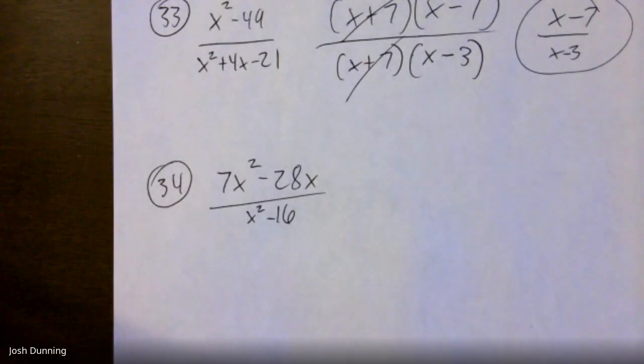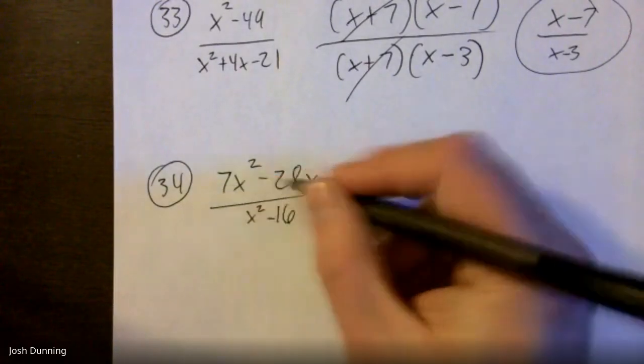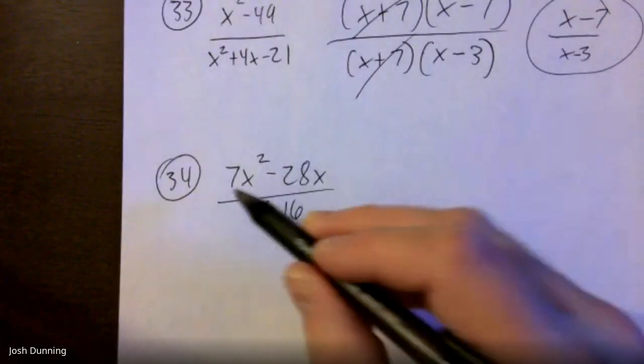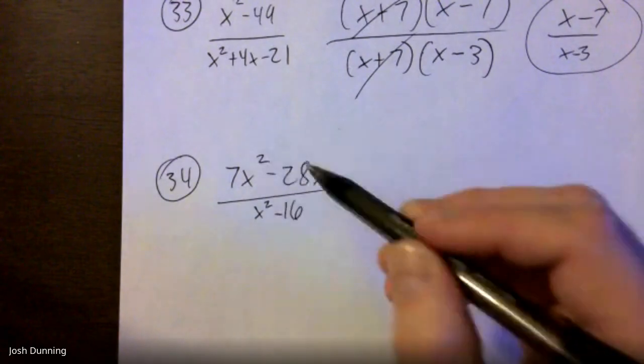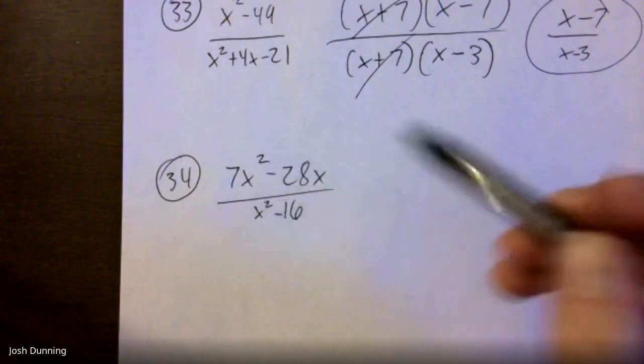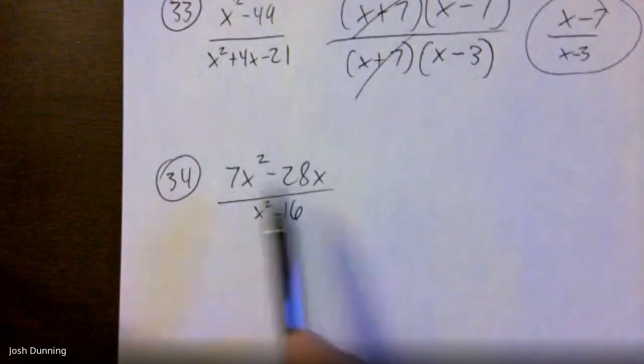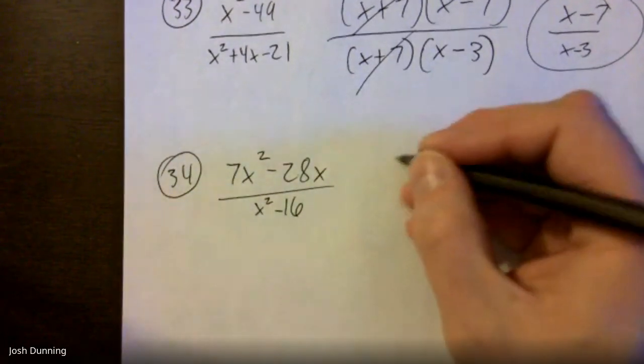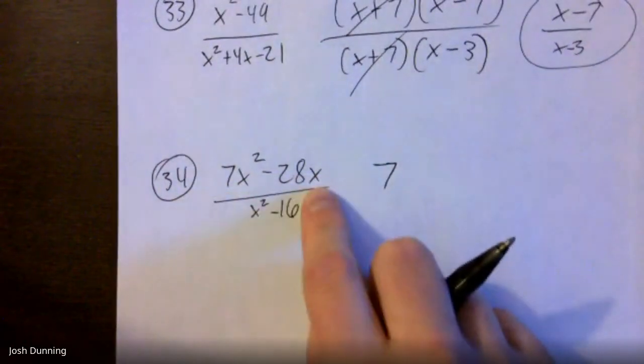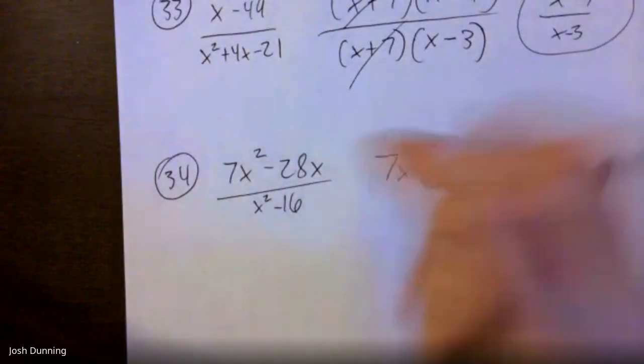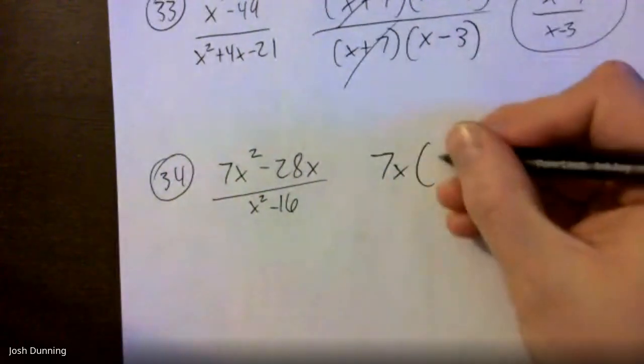Now 34 is a little bit different. It's not dots. Neither of those are perfect squares, on top anyway. It's not a trinomial, but I can divide both 7 and 28 by 7, and there's an x. 7 divided by 7 would be 1.